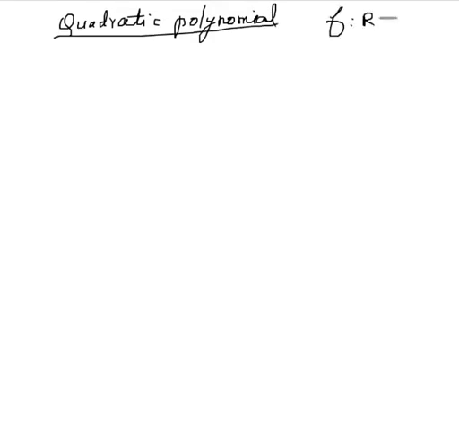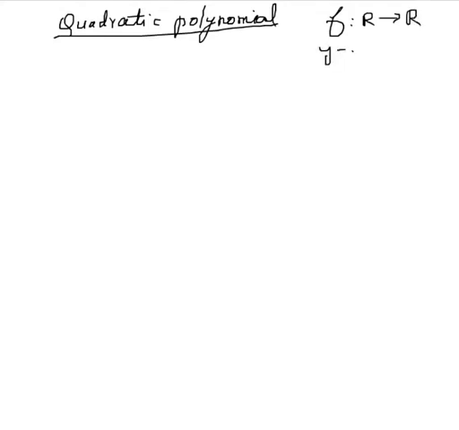We will draw a graph for a very simple quadratic polynomial. Let us consider f from R to R. I am taking a quadratic polynomial.